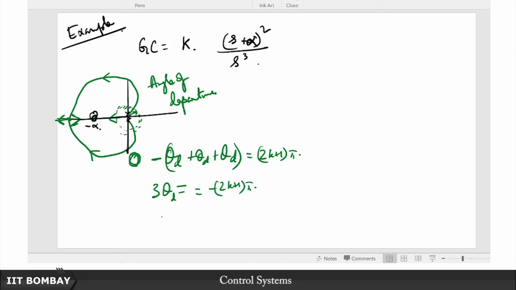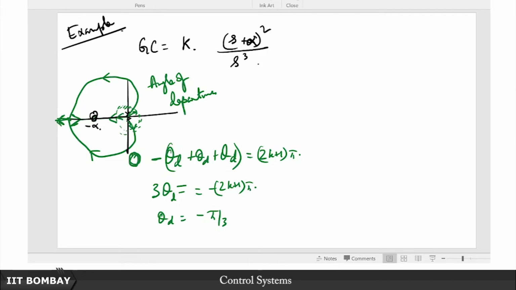So we know that this theta d is going to be heading along 3 directions. You let k be 0, so it's minus pi by 3. If minus pi by 3 is this direction, then you apply k equal to 1: 2 plus 1 is 3, 3 pi by 3, that's minus pi, so that's this branch.